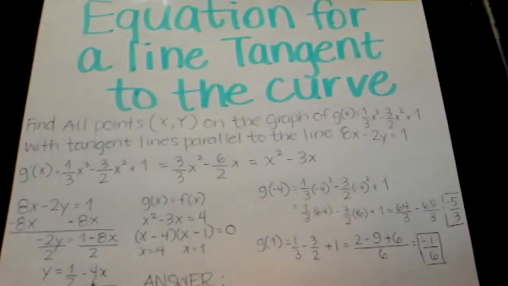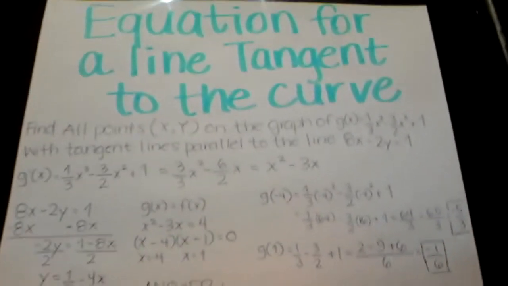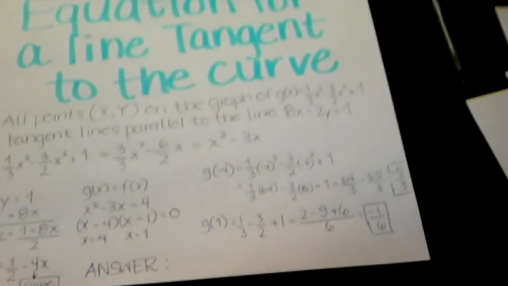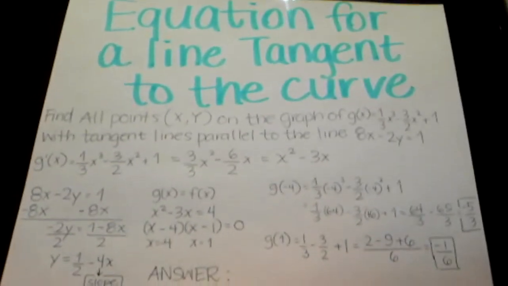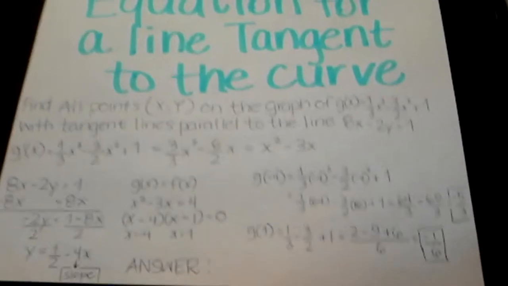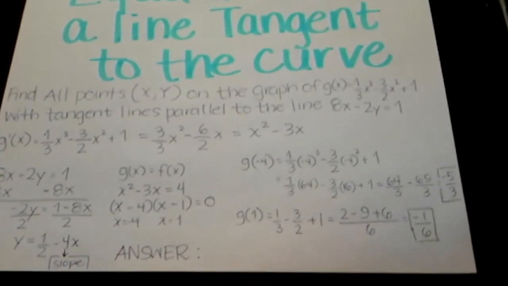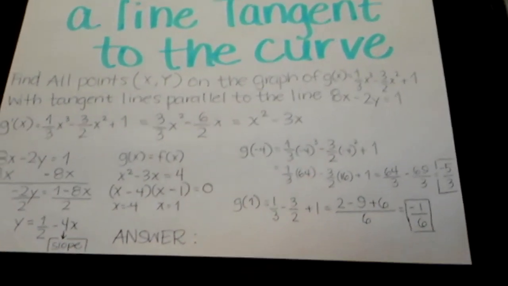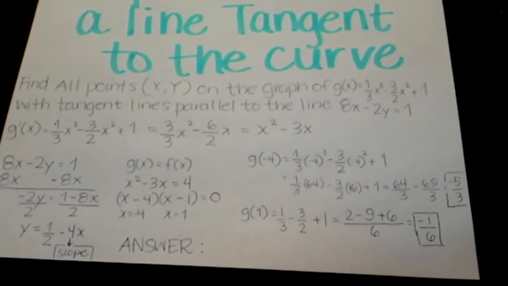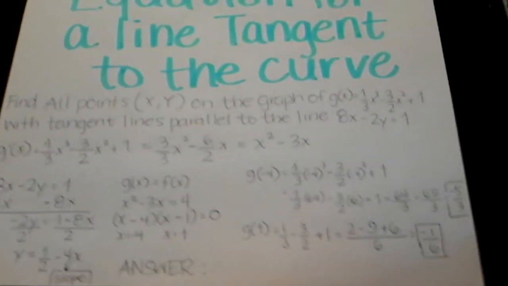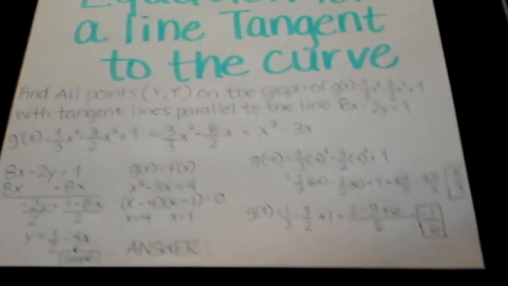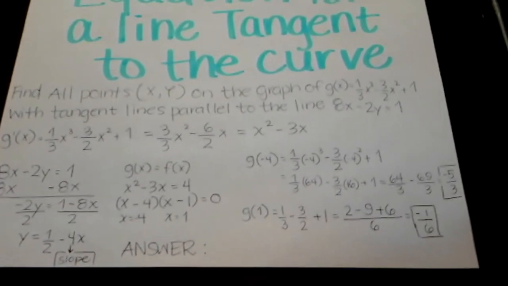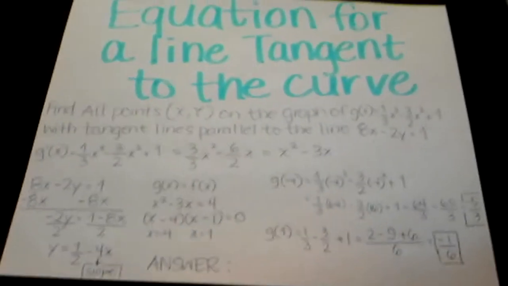And the last equation is problem number 5, which deals with an equation for a line tangent to the curve. Basically, you have to find all points x and y on the graph of an equation with tangent lines parallel or perpendicular to the line of another equation. I'm going to work on an equation with tangent lines parallel to the curve.